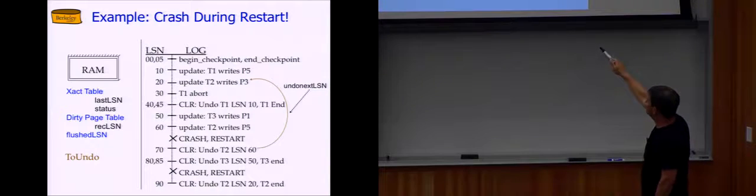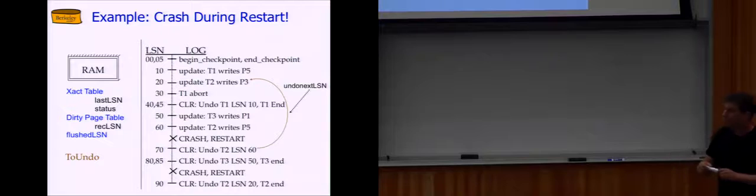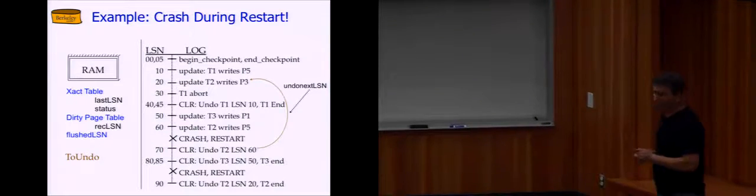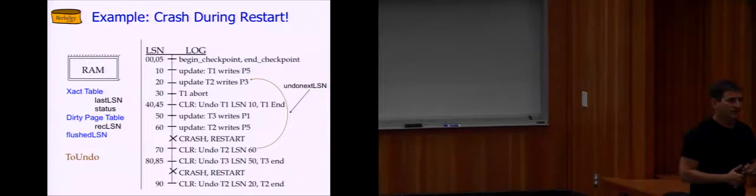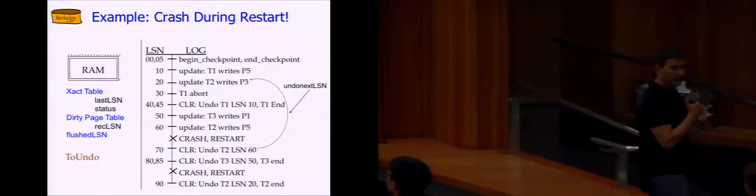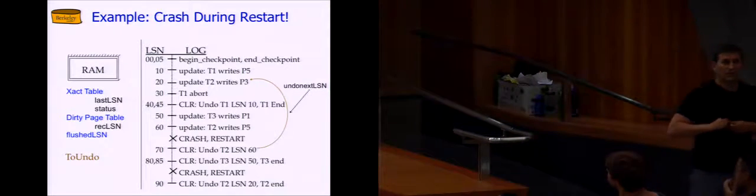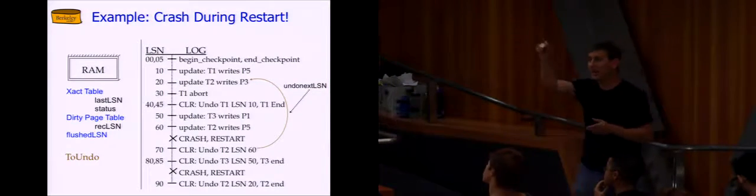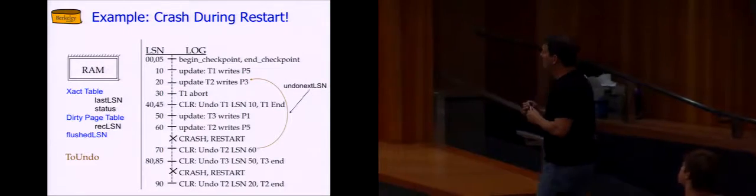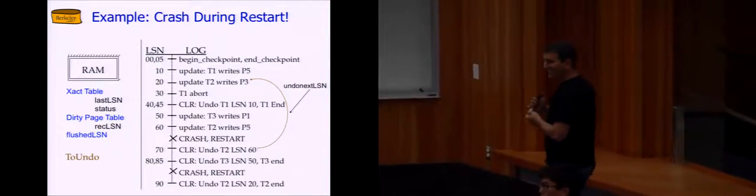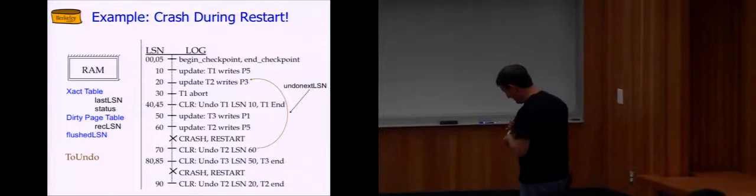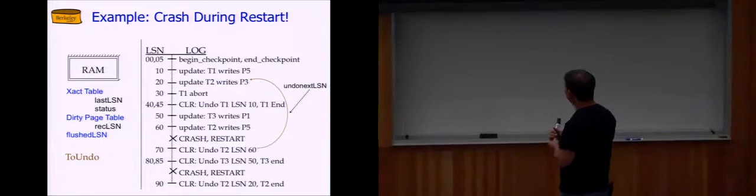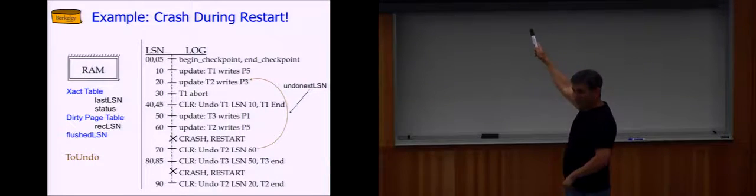What is the undoNextLSN? Well, it's on the slide. It's 20. Why is it 20? Why is 20 the undoNextLSN of 70? Because it's the next thing in the log for T2 that needs to get undone.